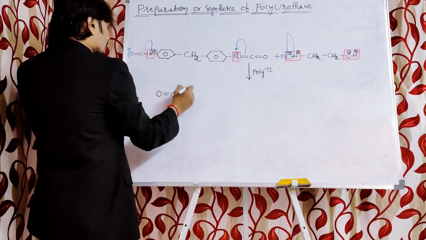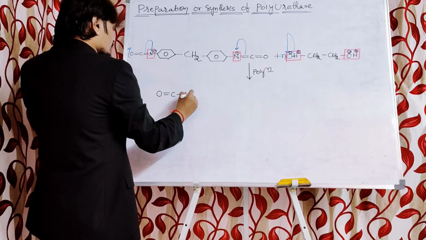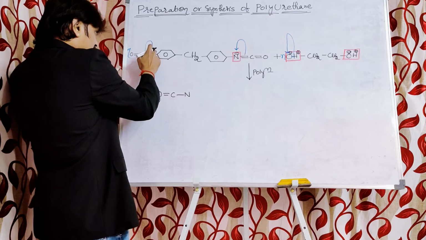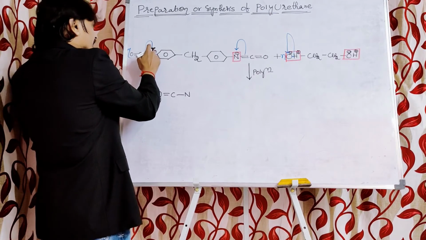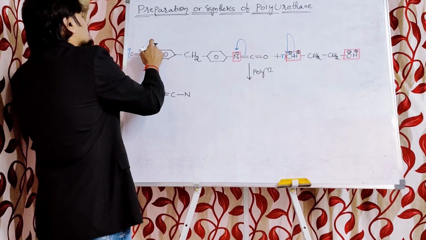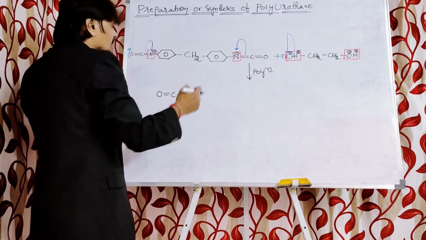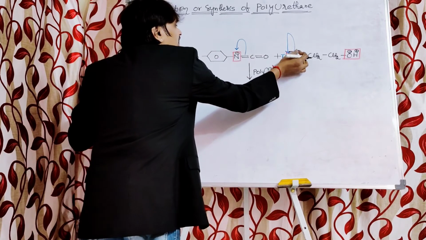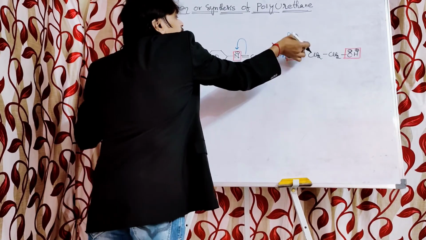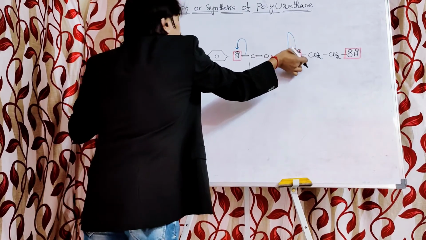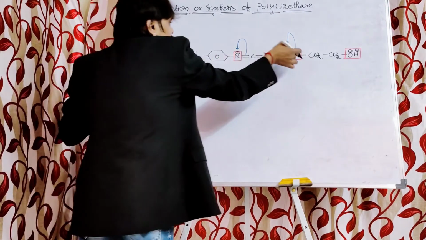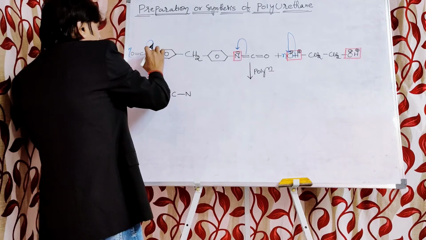Next, nitrogen. Now what is happening, students? Nitrogen is becoming electronegative, that is the minus charge is present on the nitrogen. So since minus charge is present on the nitrogen, it is abstracting the H plus ion from the hydroxy moiety of ethylene glycol. So N minus abstracts H plus. Accordingly, it converts to NH.